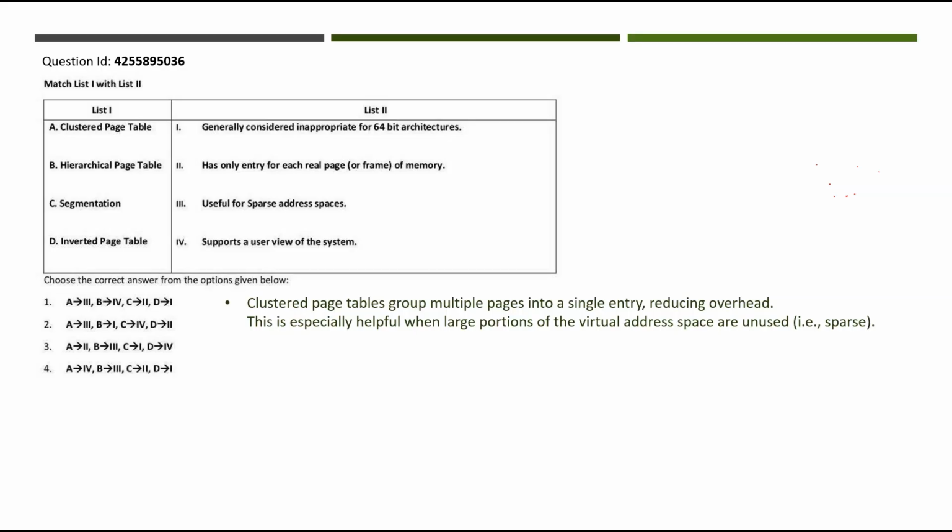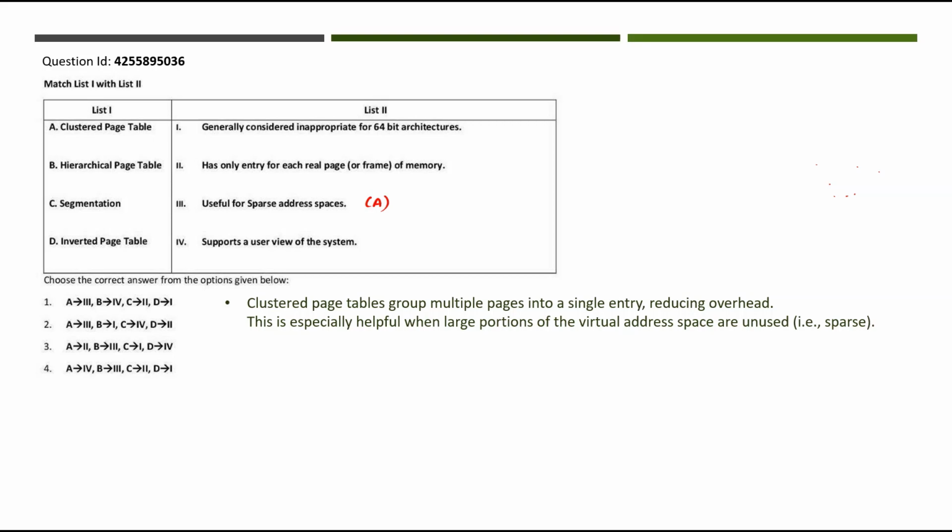You could have come across the term sparse matrices. Many entries will be 0, only few entries will be non-zero. Similarly, non-zero entries can be taken where you have entries. The large portions that are unused can be taken for 0 entries in that matrix. So here clustered page table is useful for sparse address spaces.